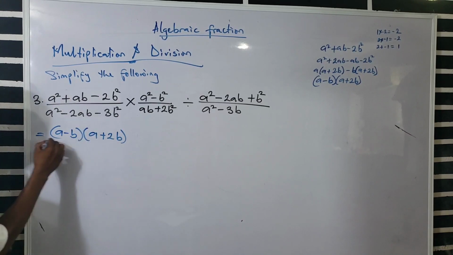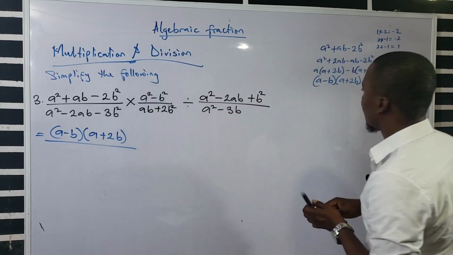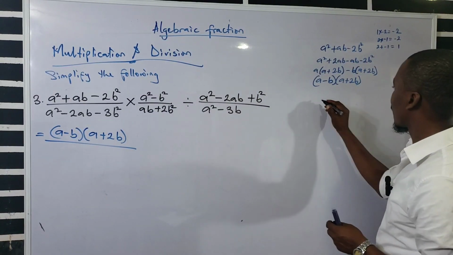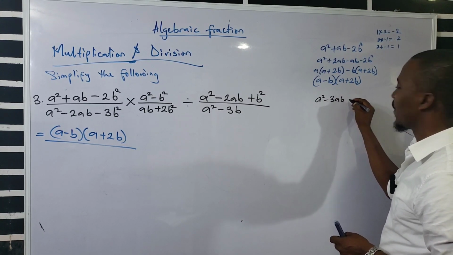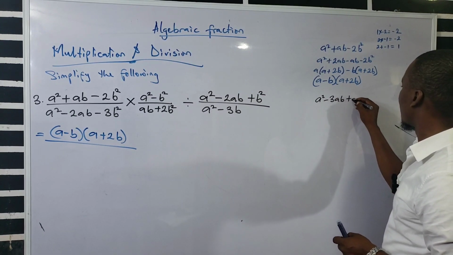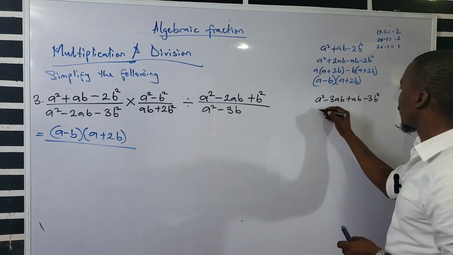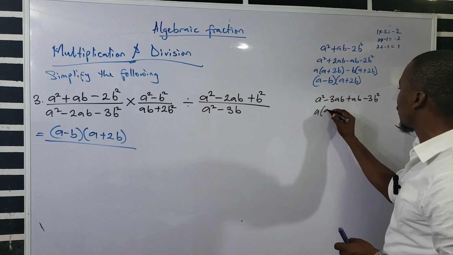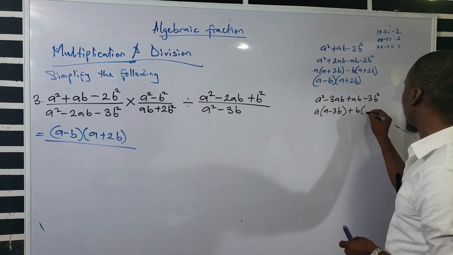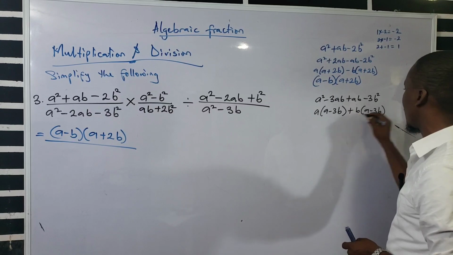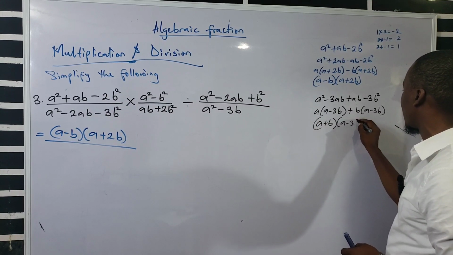So let us go and factorize the denominator. The denominator will give us a square minus 3ab plus ab minus 3b squared. So that will give us a into a minus 3b plus b into a minus 3b. So that will give us a plus b into a minus 3b.